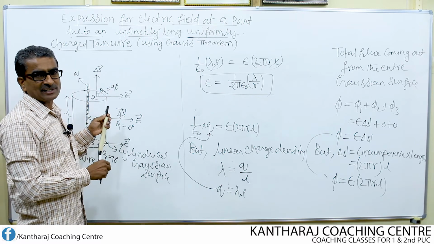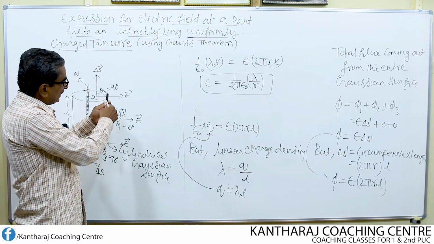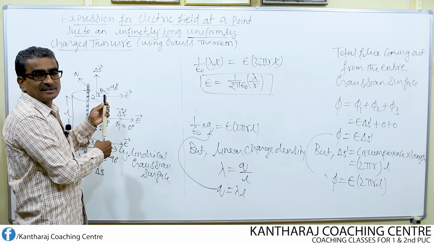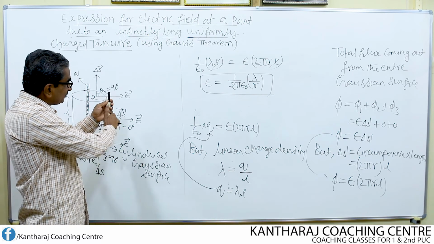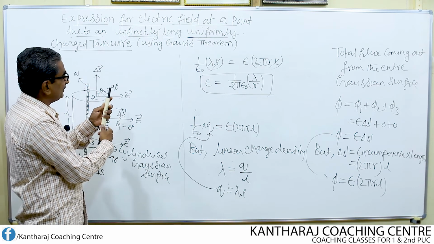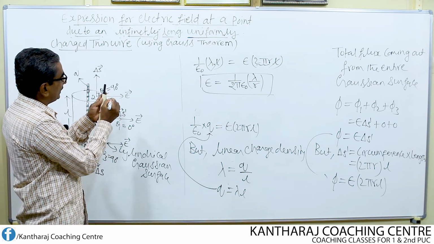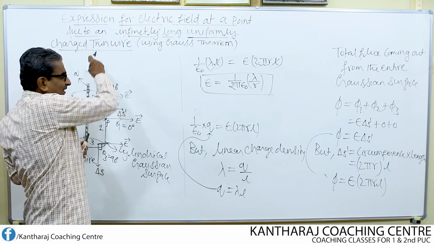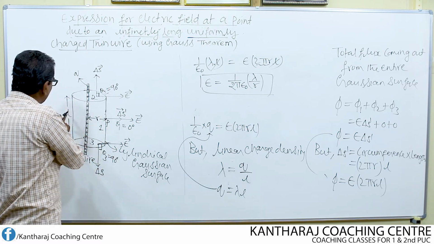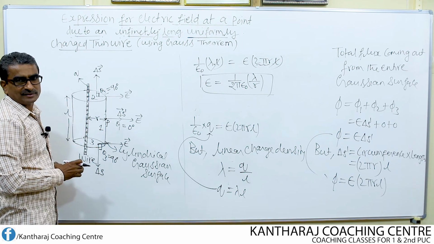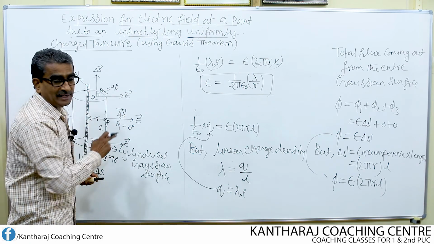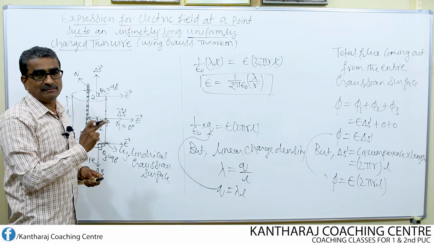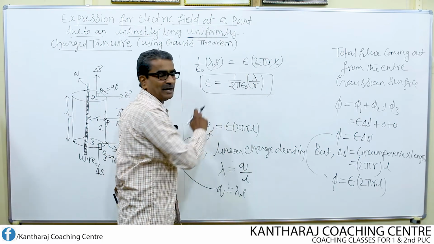We consider the charge on the wire corresponding to the Gaussian cylinder length. That means charge should be taken right from here to here itself. So whatever may be the length of the wire, L will come into the picture here. Though it is not appearing in the formula, it plays an important role in finding out lambda.